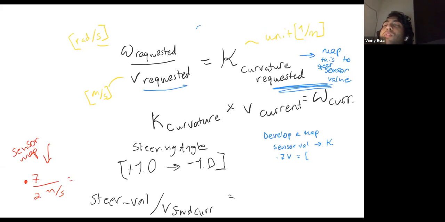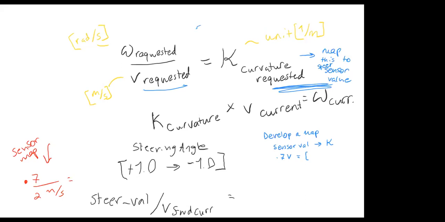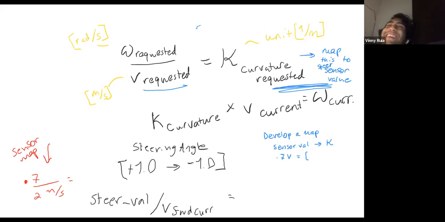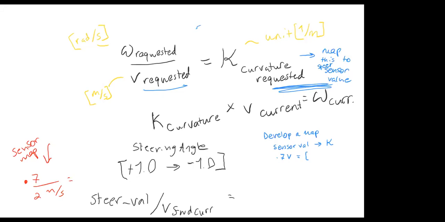Using this mapping between curvature and your steer sensor, you can get what you should tell your requested rotational velocity to be. So given this, now let's say we have this map that I'm describing.